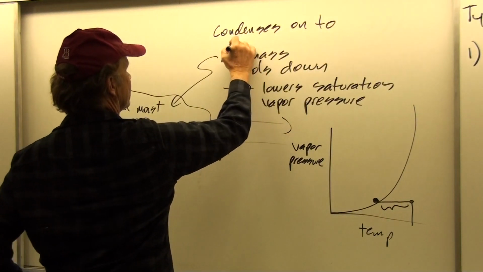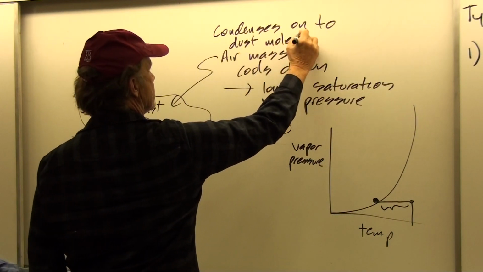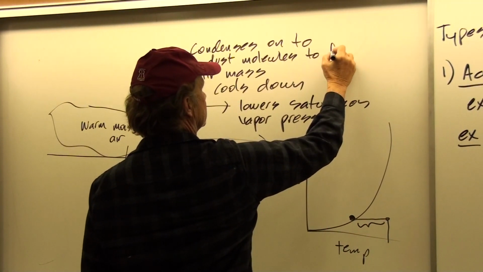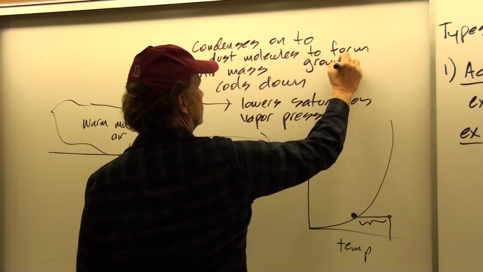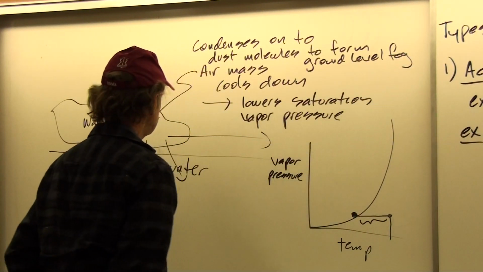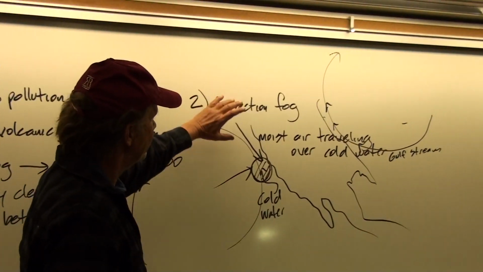So it condenses onto dust molecules, typically, to form ground level fog.